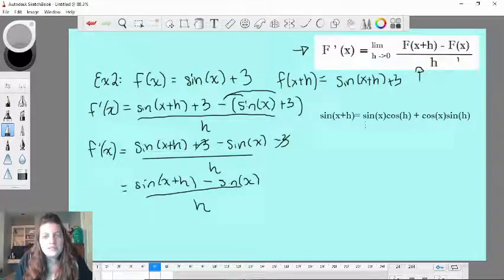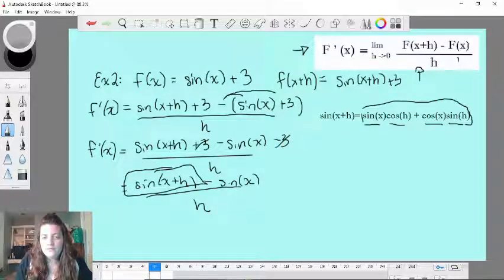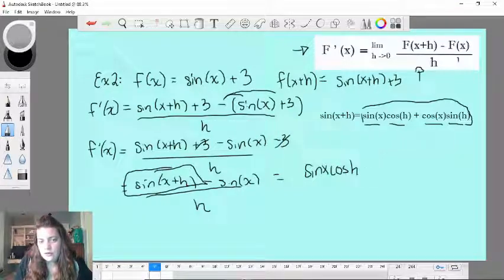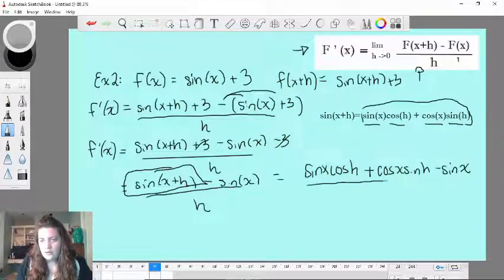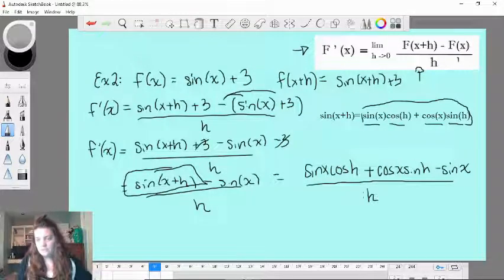So sine of x plus h equals sine x cosine h plus cosine x sine h. This would just take its place. Yes, it's very long, but this would just take the place of sine of x plus h right here. So if we did that, we'd have sine x cosine h plus cosine x sine h minus sine x all over h.